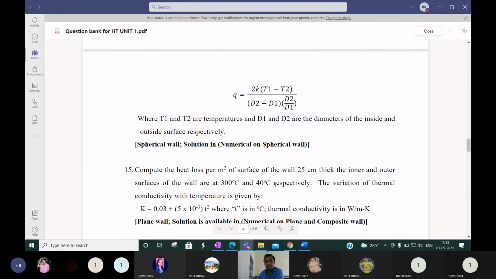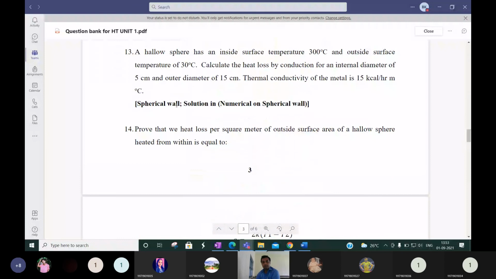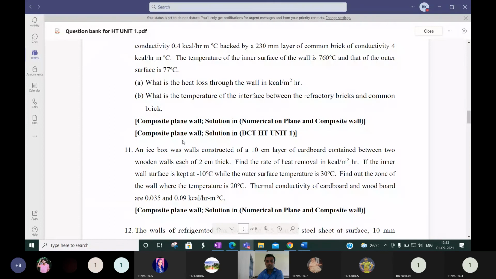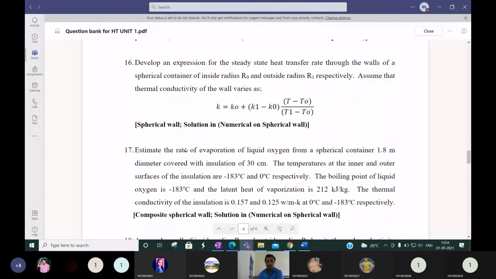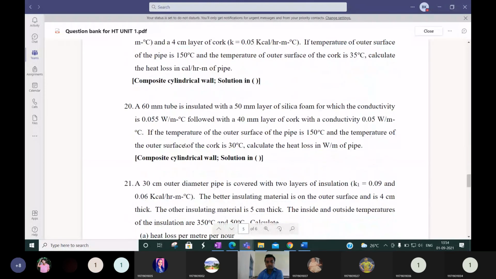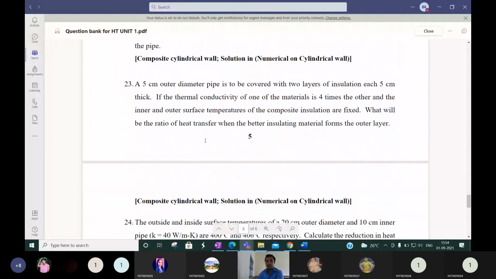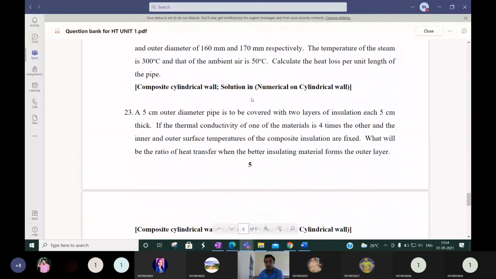Till now, this spherical wall we will discuss from the next class. This composite plane wall and this composite cylindrical wall, these problems we already discussed. The solution is available here, numerical on cylindrical wall.